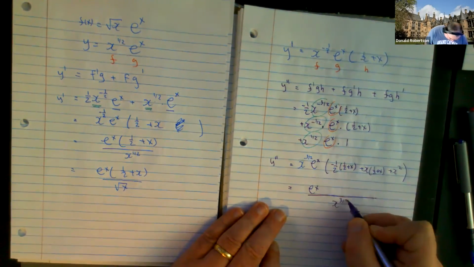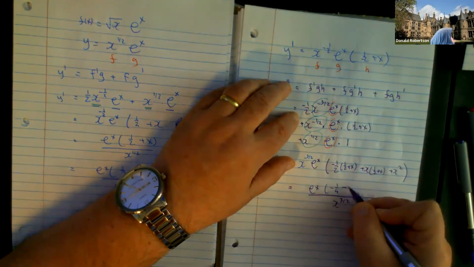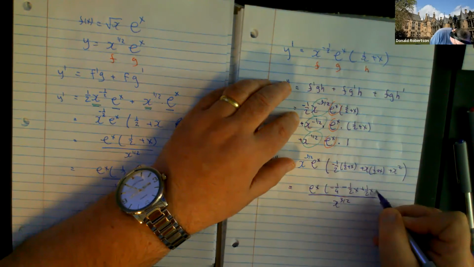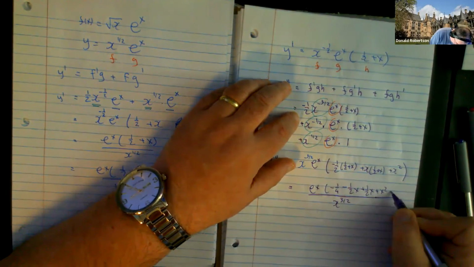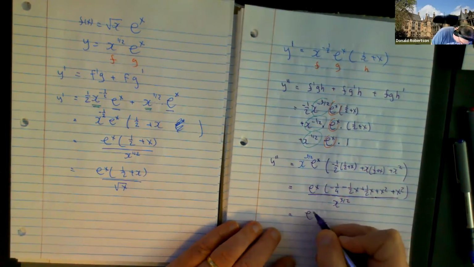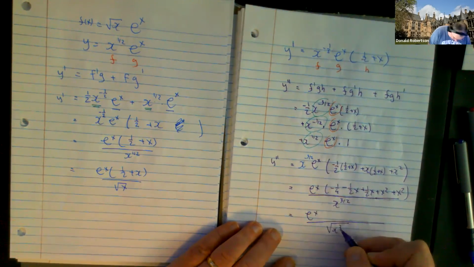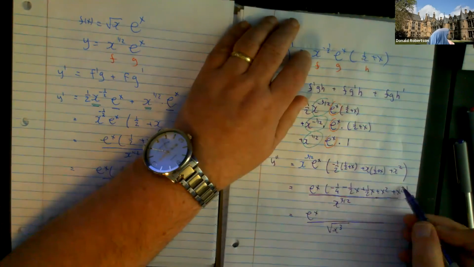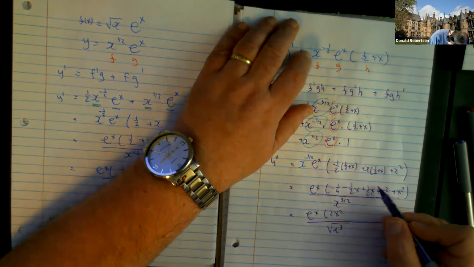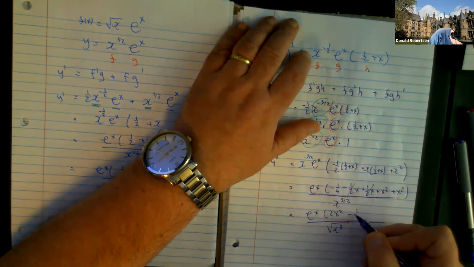Bring that downstairs, distribute. I get -1/4 minus 1/2 x plus 1/2 x plus an x squared plus an x squared. That guy in the bottom becomes him. What we got here, 2x squared. Oh, that's interesting. Those two cancel out, -1/4.